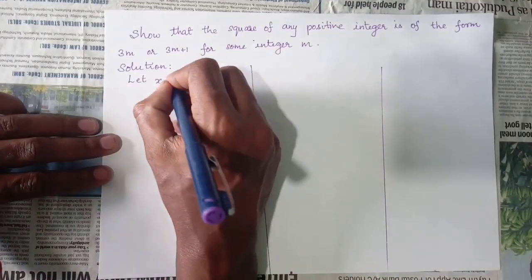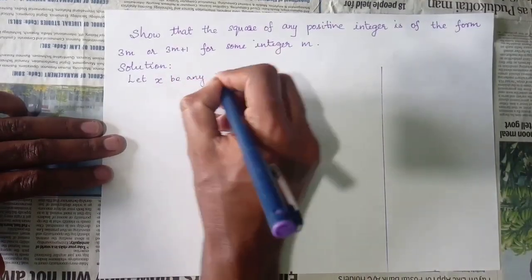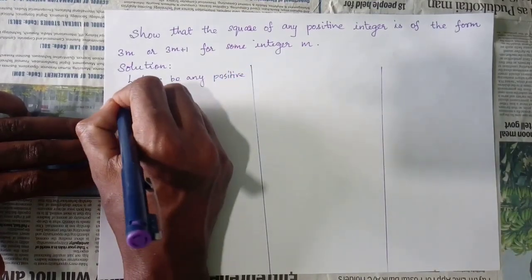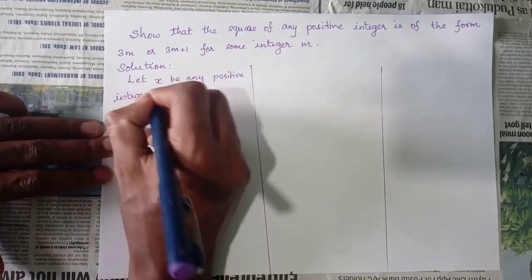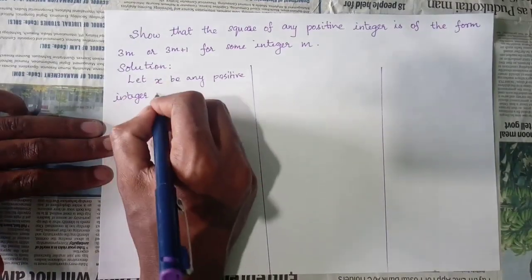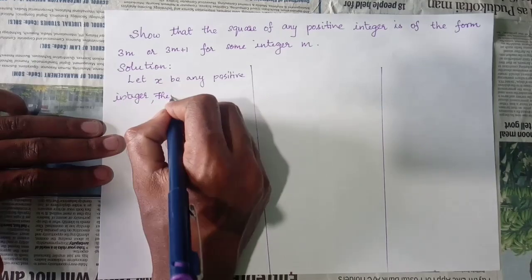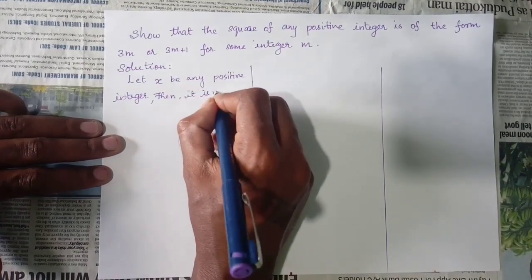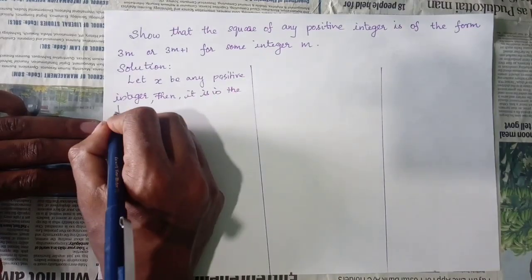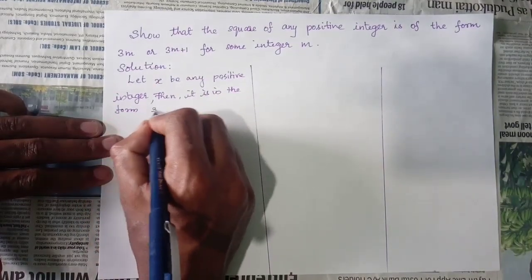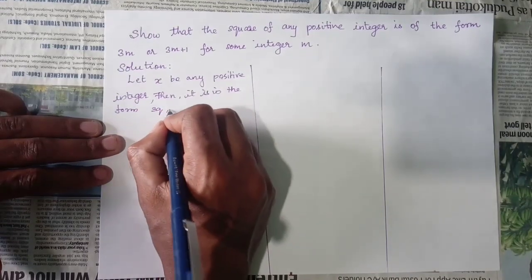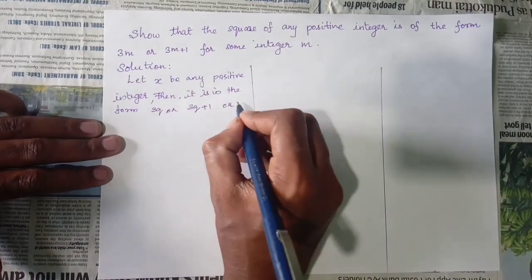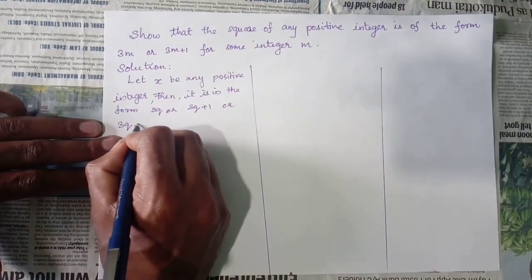Let x be any positive integer, then it is in the form 3q or 3q plus 1 or 3q plus 2.